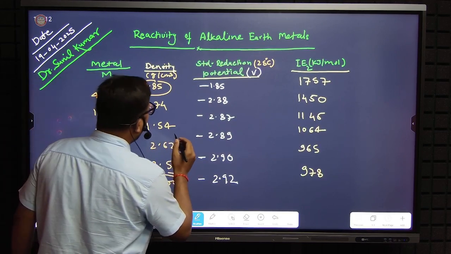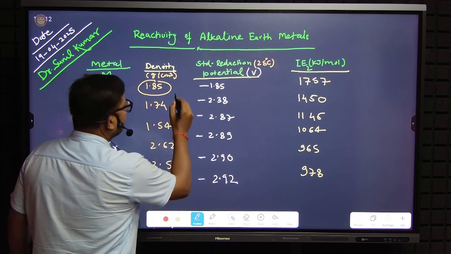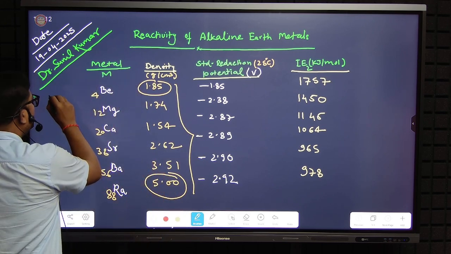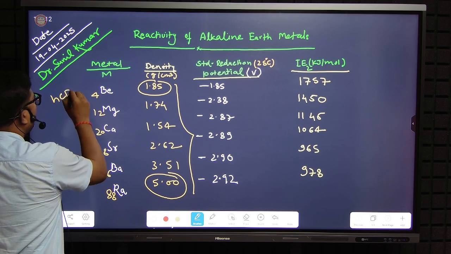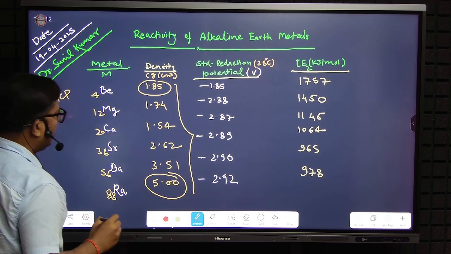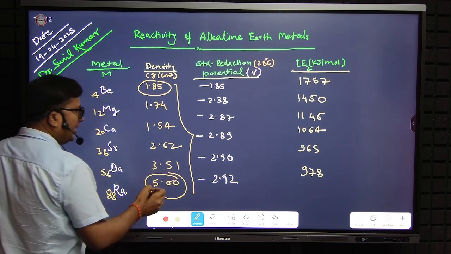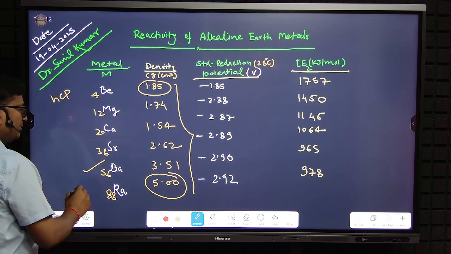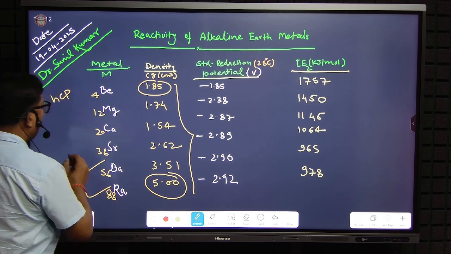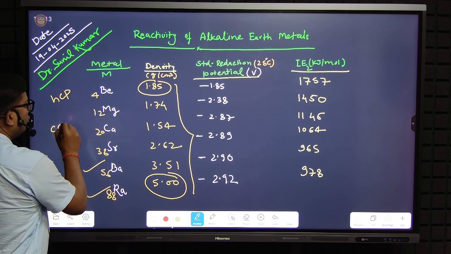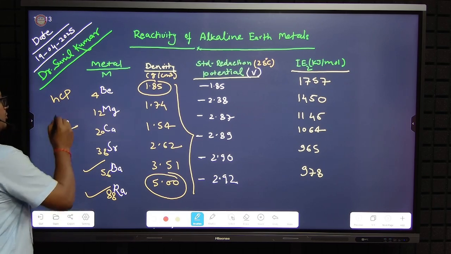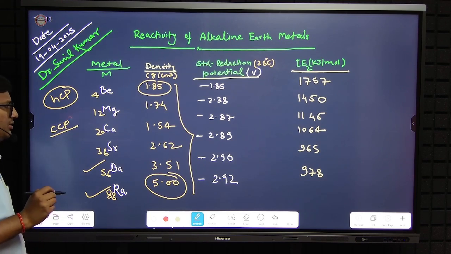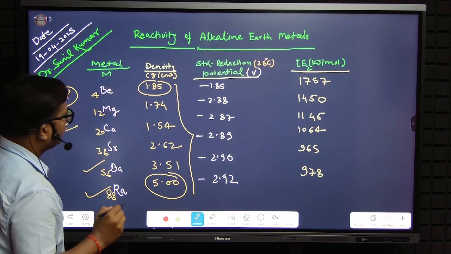Most of the metals have a structure like hexagonal close packed, right? But larger metals like barium or radium form cubic close packed structure. So depending on the lattice structure, density varies, okay?